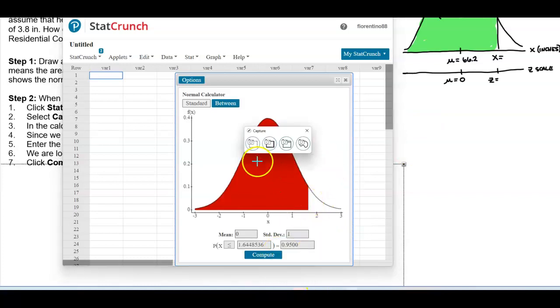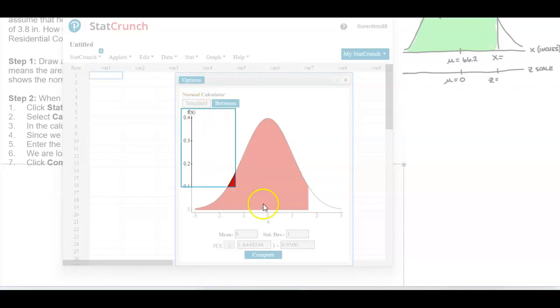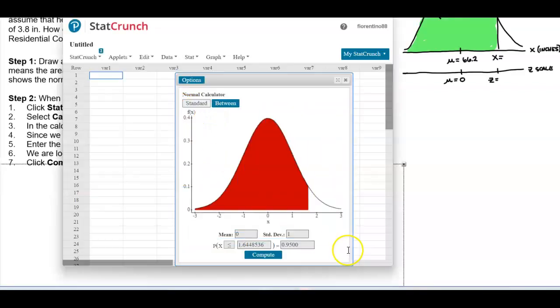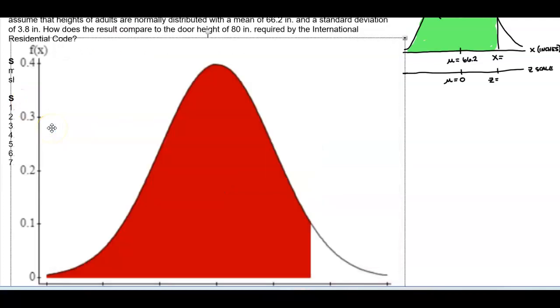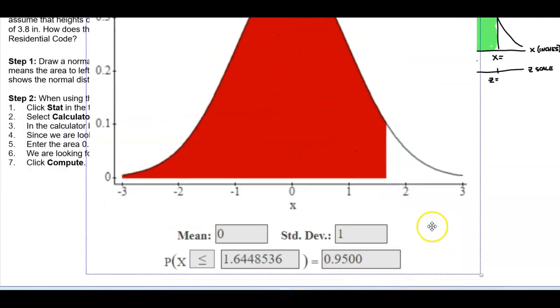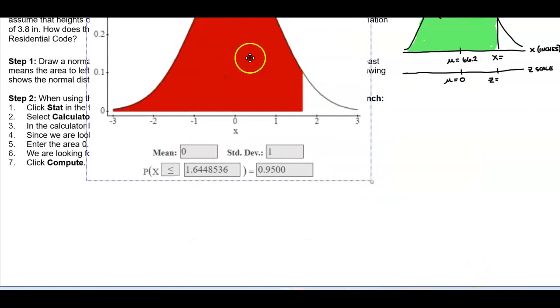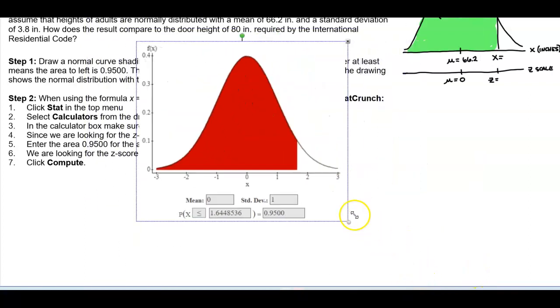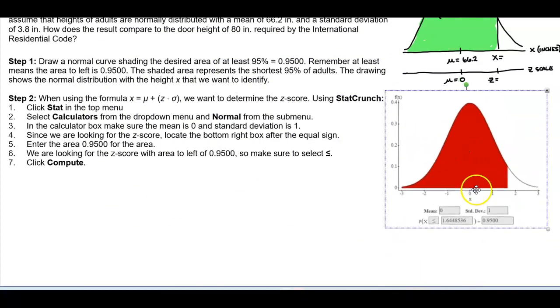So let's go ahead and copy this just to make sure that we know that it matches that graph. And so our goal first here is to find out what that z-score is. Well, if you notice, there is the z-score.